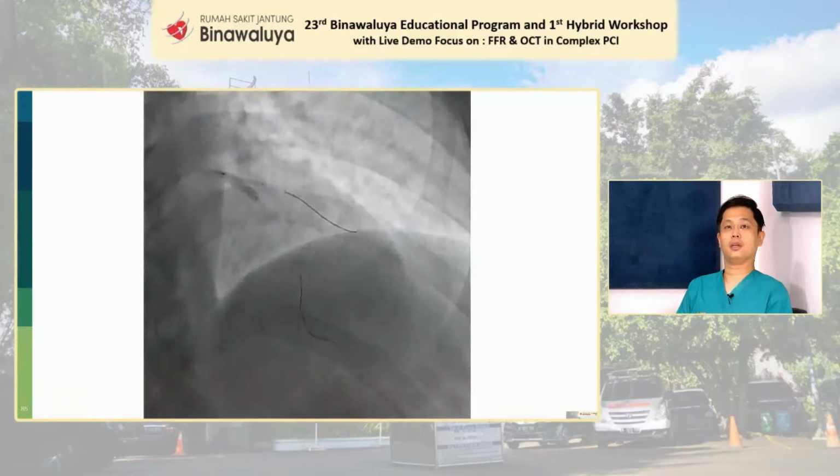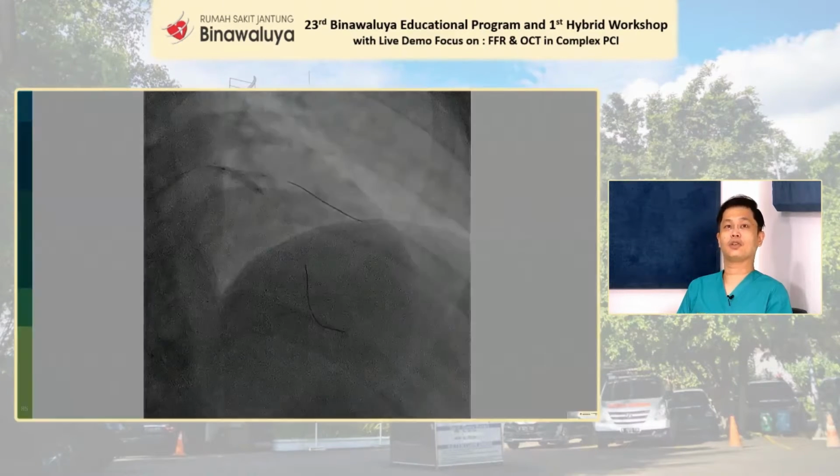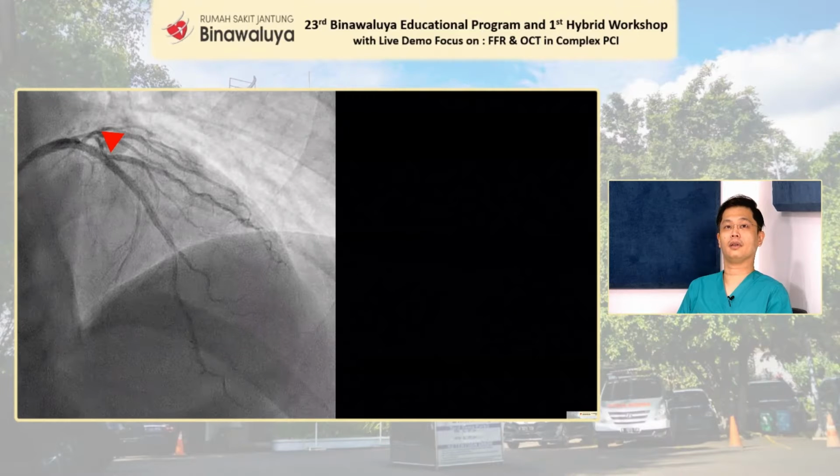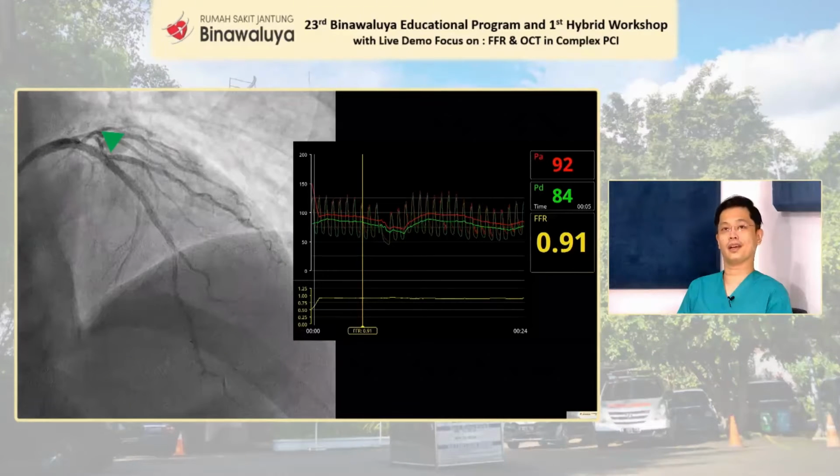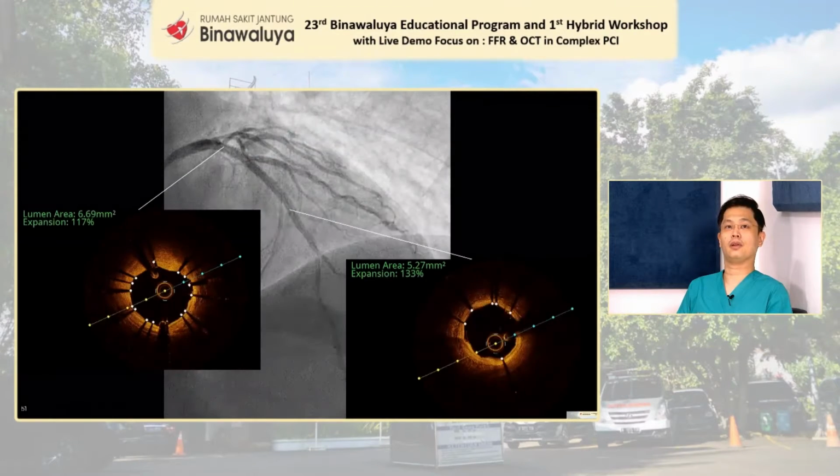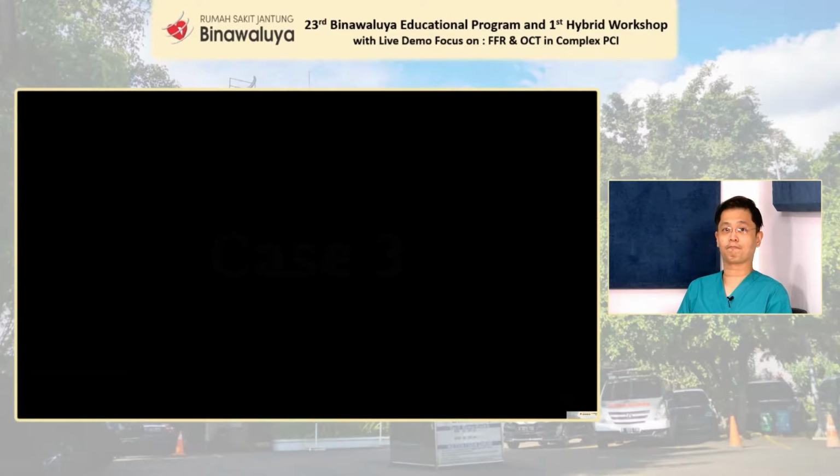This patient needed a bailout kissing balloon inflation, after which the FFR of the second diagonal improved to 0.91, and the procedure was completed with an OCT run, which revealed good stent expansion and good results throughout the course of where the PCI was performed.